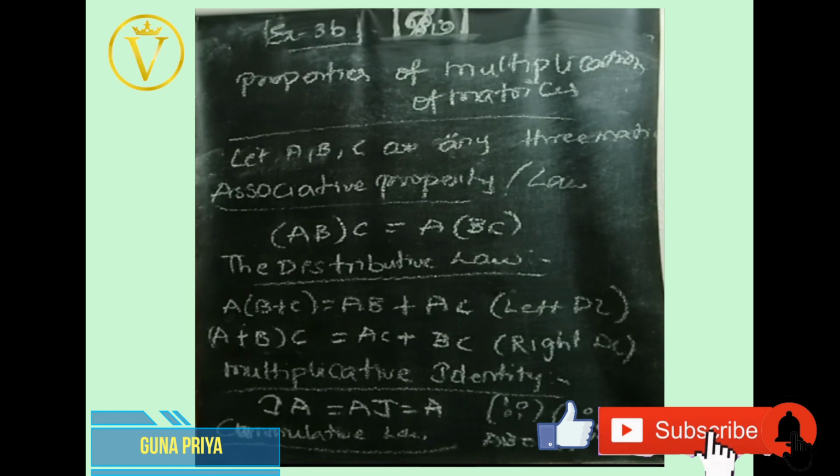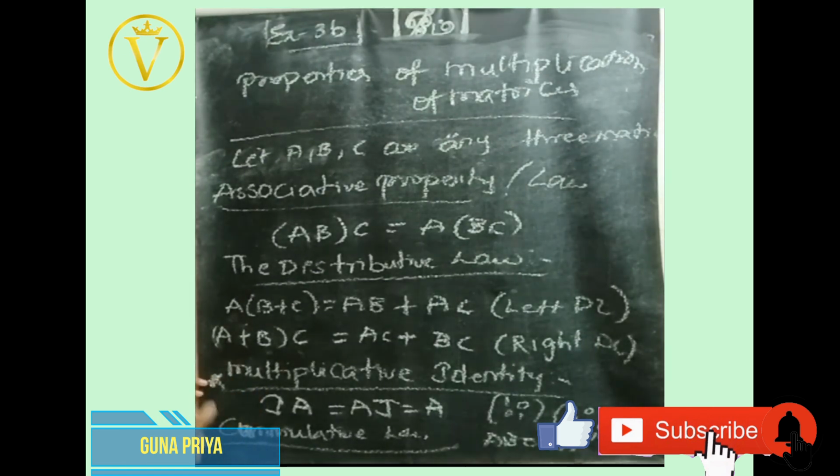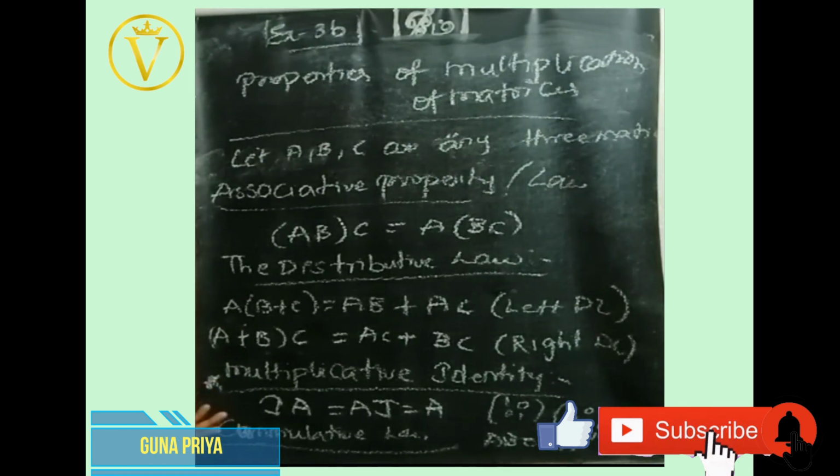So these are the four properties: associative, distributive, multiplicative identity and commutative law. This is very important. In MCET and IITs, they will ask like this: IA, the identity matrix multiplied with any matrix, gives A only.